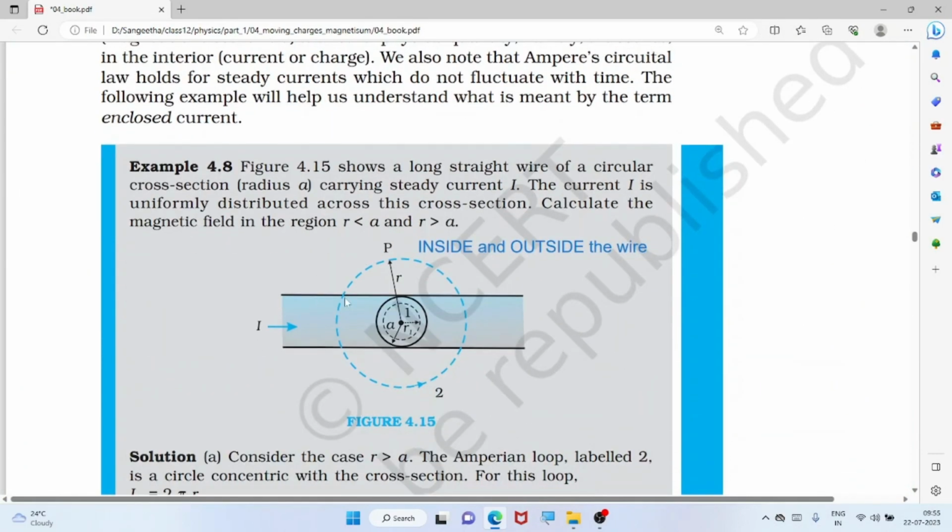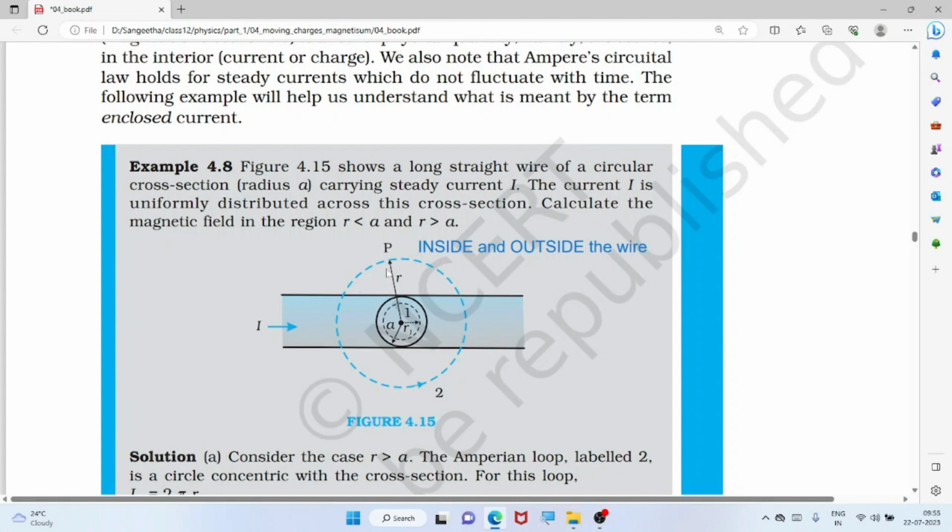Here this is the current carrying conductor, this wire. Inside the wire the magnetic field increases linearly, because the current enclosed increases as we move from the center of the wire up to the edge of the wire. Outside the wire the current enclosed is the same.